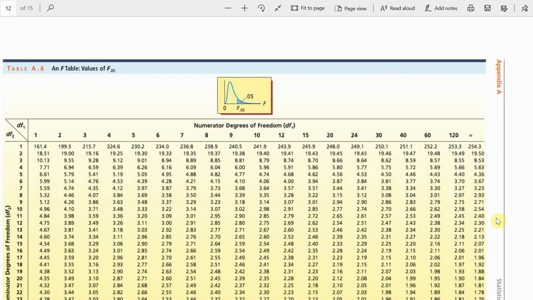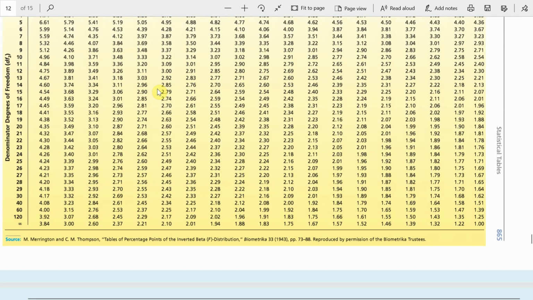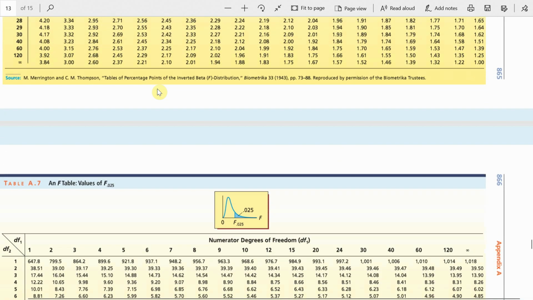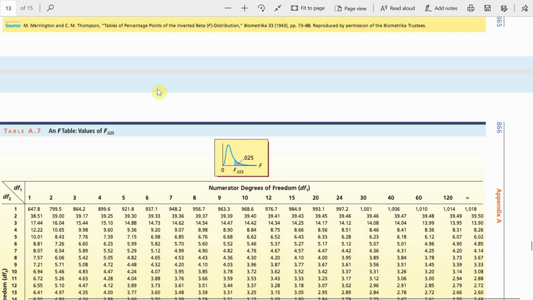At a right tail area of 0.05, I get here for degrees of freedom 1 equals 1 and degrees of freedom 2 equals 8, this 5.32, not remotely close to the 122 and some odd that I get from my test statistic. So I must continue to work with a smaller right tail area. So I continue here in my tables. Here I get another table. This table right here.